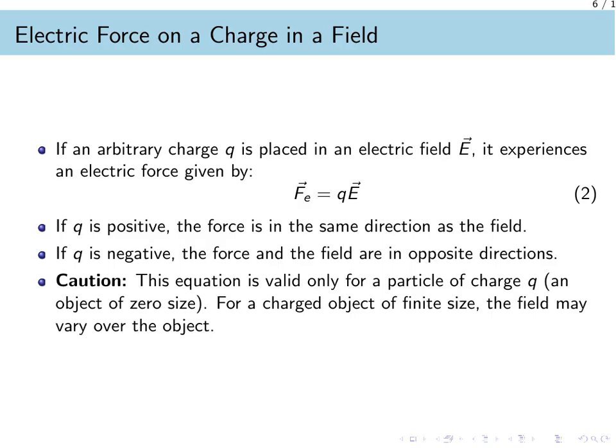If q is negative, the resulting force and the field are in opposite directions. Caution is needed when applying this equation. It is strictly valid only for a particle of charge q, meaning an object modeled with zero size. For a charged object of finite size, the electric field might vary over the object's dimensions.